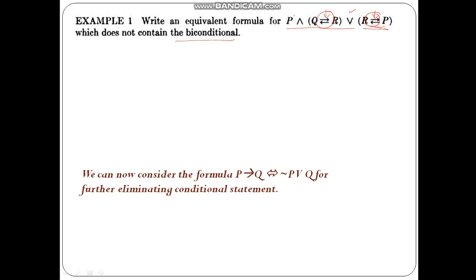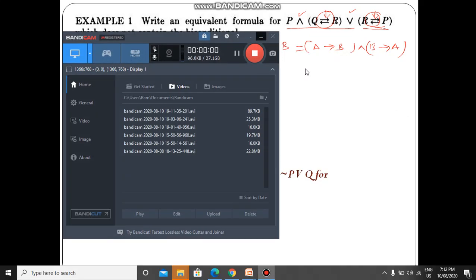I have no problem with the conjunction and disjunction, so we will consider this as it is. Then, as per the previous equation, A biconditional B is equal to A conditional B and B conditional A. We know this, so we'll continue with this one.